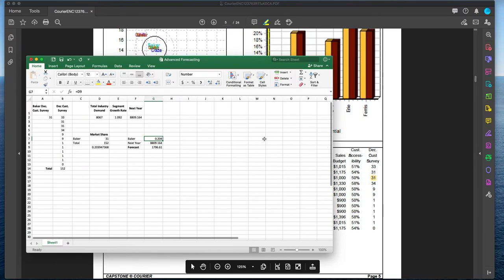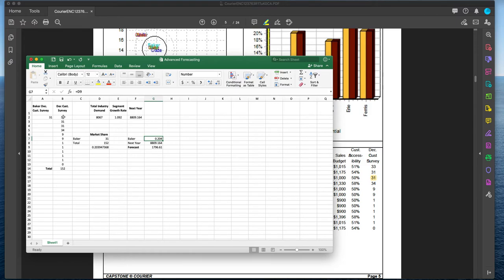All I did was enter Baker's score somewhere on the spreadsheet, and then I typed in all the different December customer survey scores that are here. This gives me my total. Then I take Baker and divide by 152, and that gives me the percent market share. So it's about 20% of the market share.